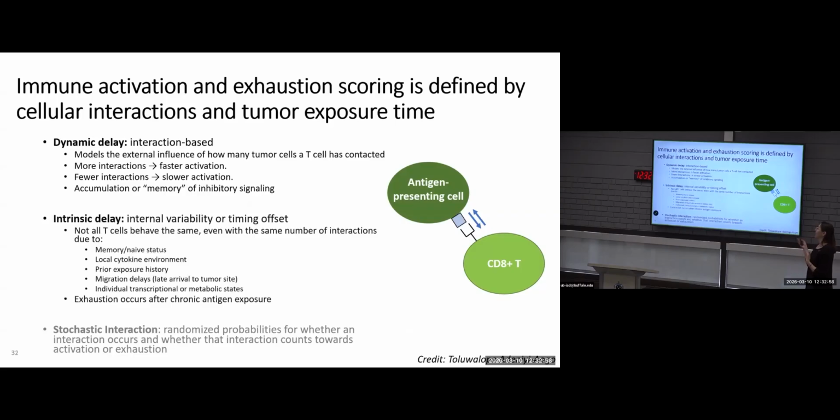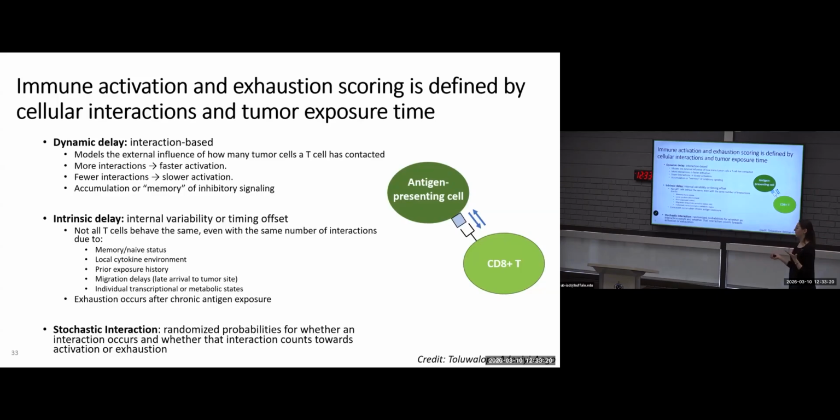They could be influenced by a number of factors. Again, how many interactions does a cell have with other cells in the environment? How many antibodies is it bound to? There can be a lot of intrinsic randomness and stochasticity for whether or not cells interact. How robust is the T cell itself?